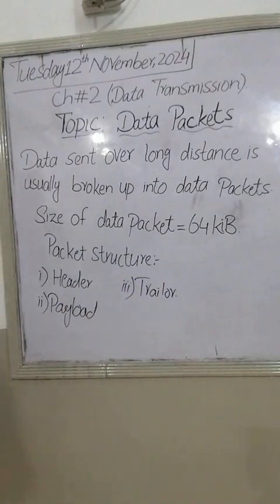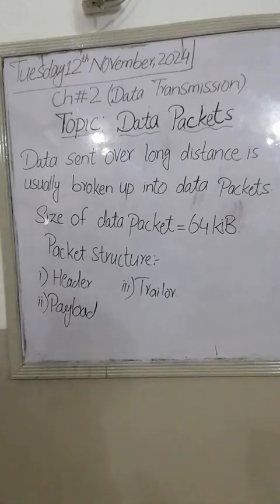In the header, I have already told you that we have the IP address of the sender and the receiver. For example, if you have to send some parcel to your friend, you have to write your own address and the address of your friend to whom you are sending that parcel, right?